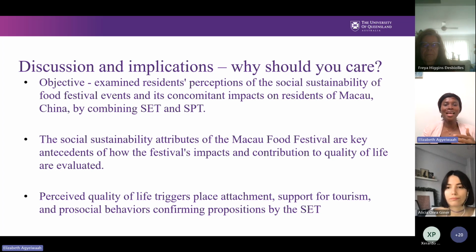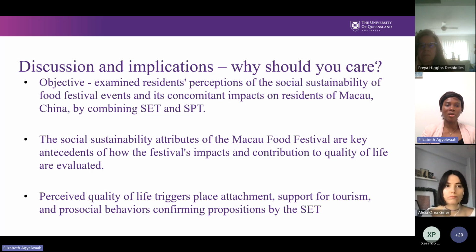And for that reason, we could see from the analysis we did being very high. And I think my collaborator and I, we had this discussion. It was very interesting because being in the region and seeing how the festival is marketed and all the media going around it is just very likely that people that have not been there still have a very high sense of its impact on their lives.